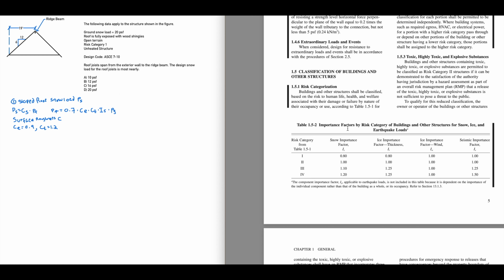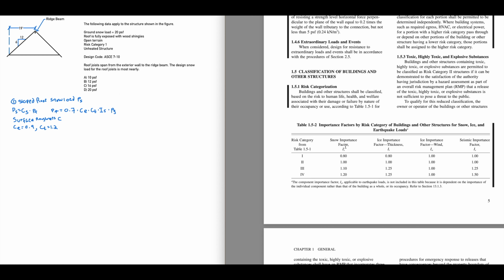Okay, right here. Importance factors by risk category of buildings and other structures for snow, ice, and earthquake loads, table 1.5-2. Okay, so based on our risk category, we can find the snow importance factor.